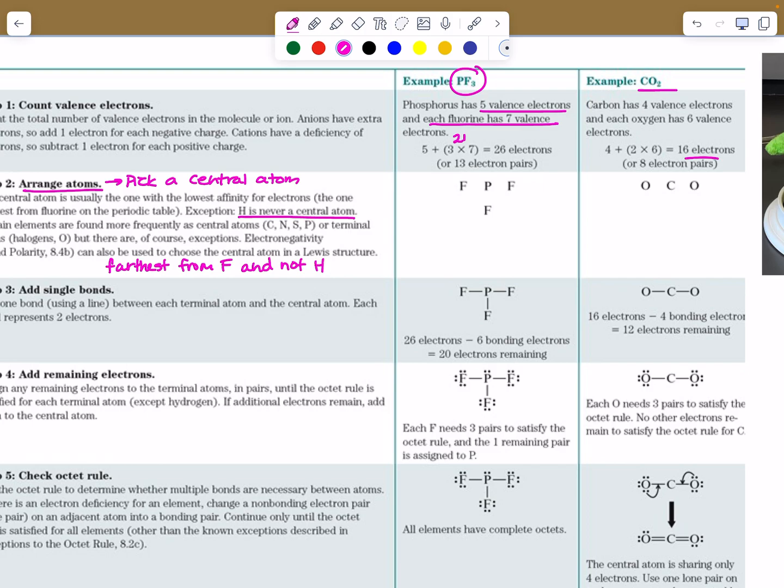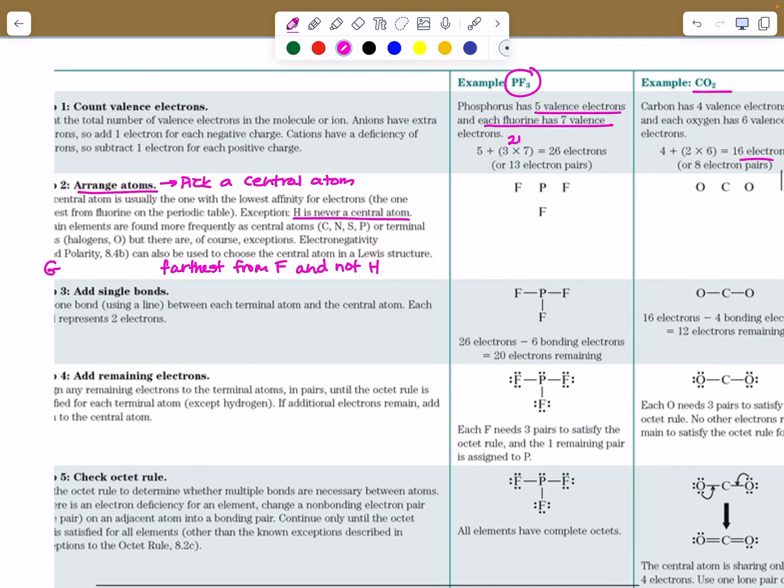Which one is farthest from fluorine? Carbon. And that's the one we put in the center. So this is a general rule. It doesn't matter whether your compound has fluorine or not. The central atom is going to be the one farthest from fluorine on the periodic table.